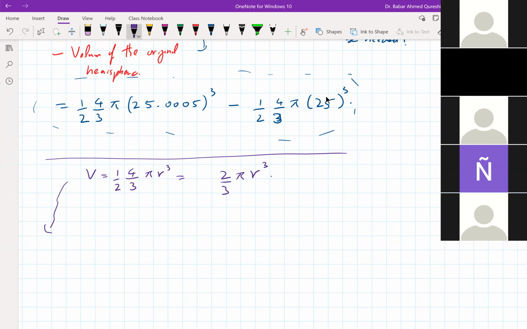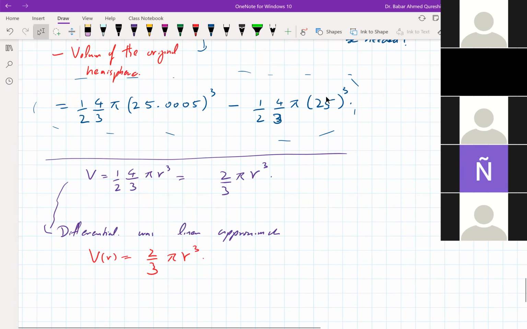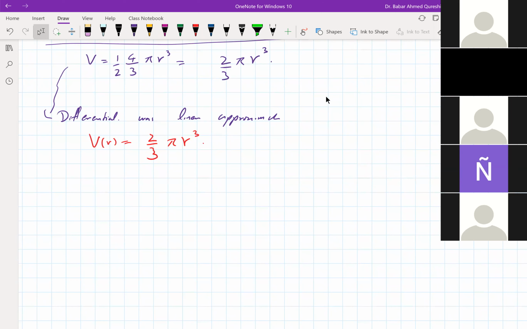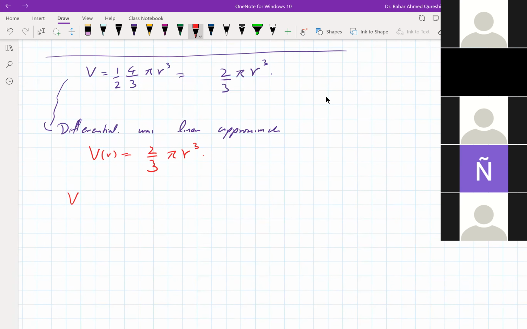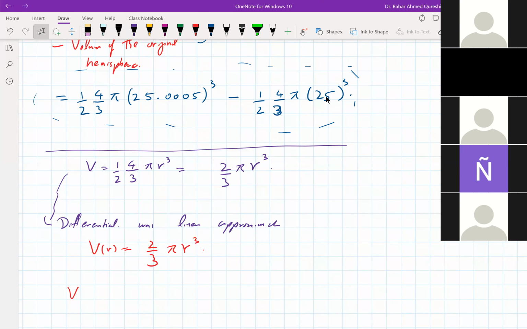So remember, what was the differential? It was the linear approximation. This volume is a function of R. Right now I'm doing it in more detail because I'm just explaining, but later on it will all become a very quick two-line calculation. So volume is a function of R, and instead of computing the exact thing, I compute only up to linear order.